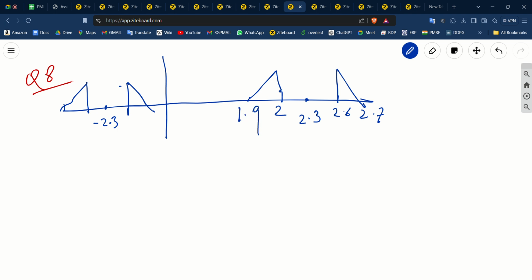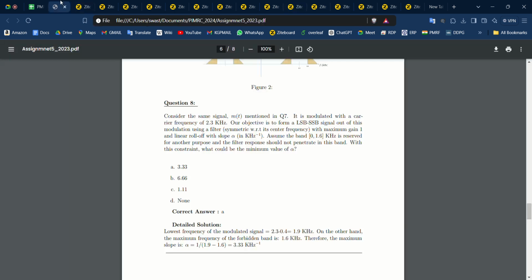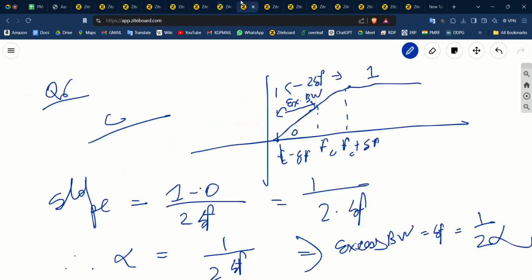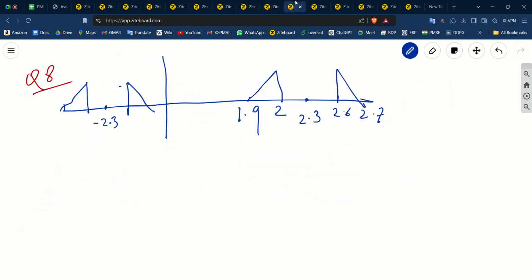So it's all done. Now they are saying that they have a filter, but the previous filter was ideal. So now they are saying that the filter that you have is not ideal, it has a linear roll-off. So if you have a filter, let's draw the filter with red.